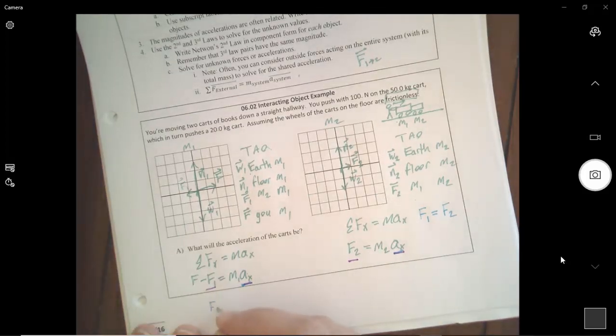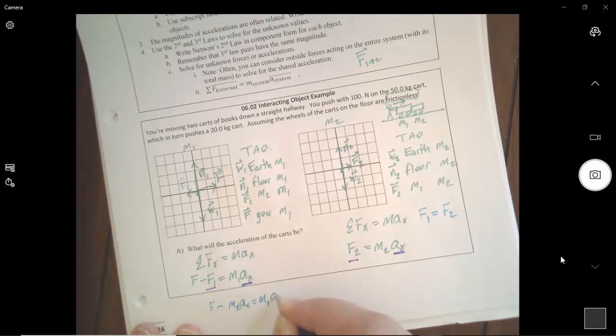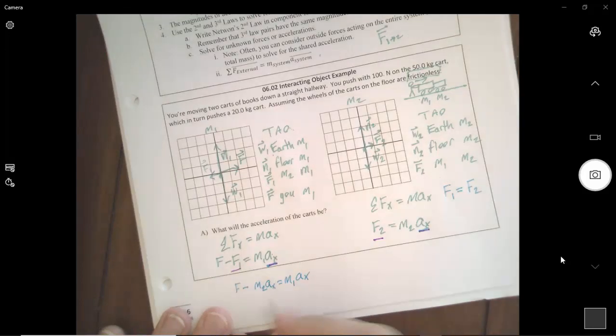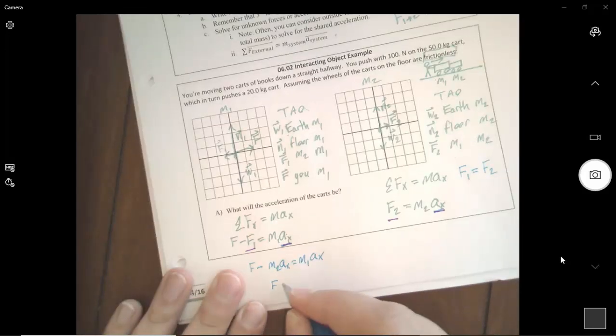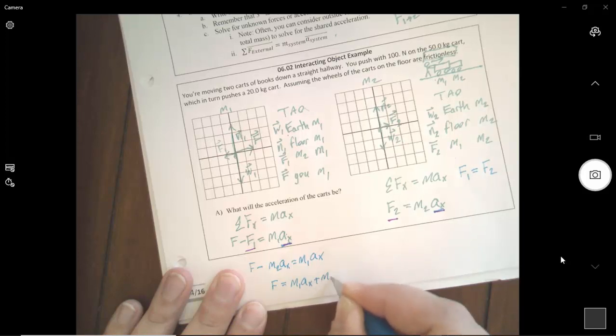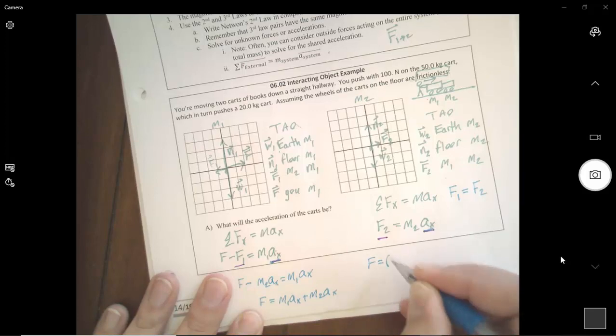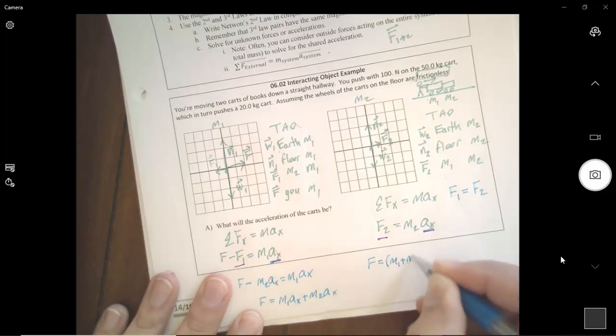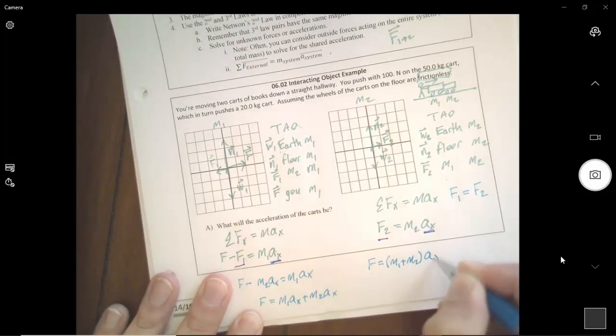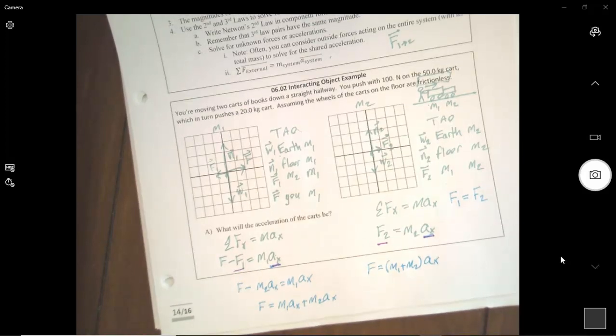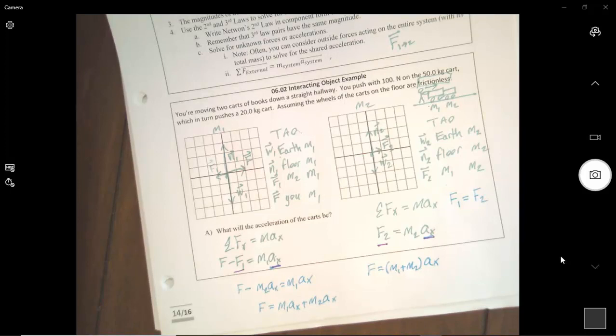So we get F minus M2AX equals M1AX, and then we can finish the solution: F equals M1AX plus M2AX, and we get the equation that you probably could have anticipated. The force that you push with is equal to the total mass times the acceleration.